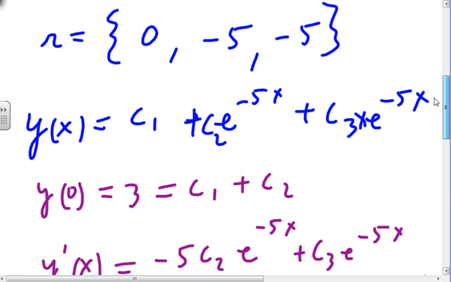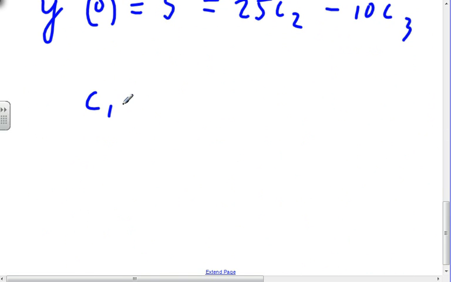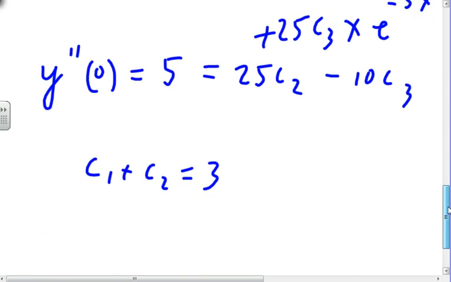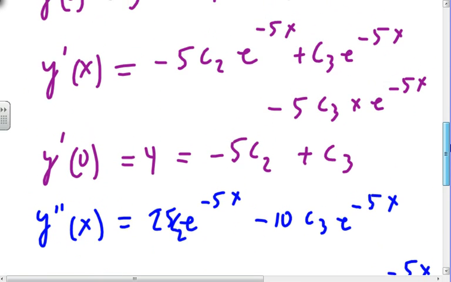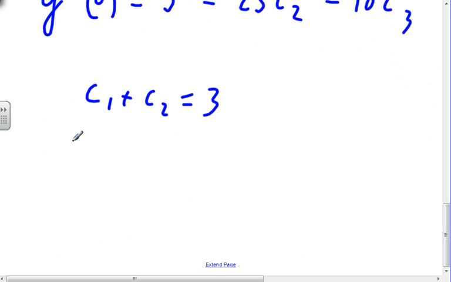Okay, so my first thing I know is c1 plus c2 is 3. And then I know that minus 5 c2 plus c3 is 4.